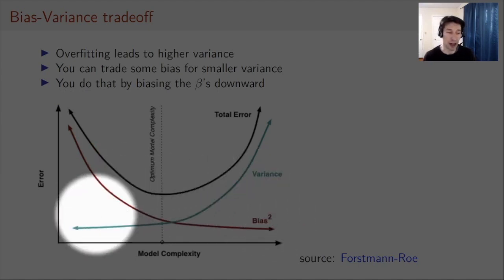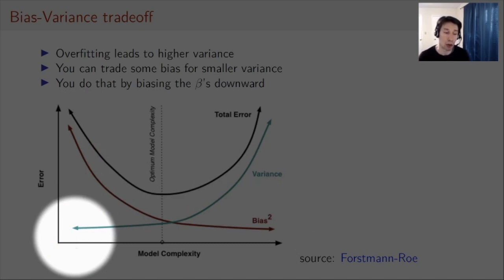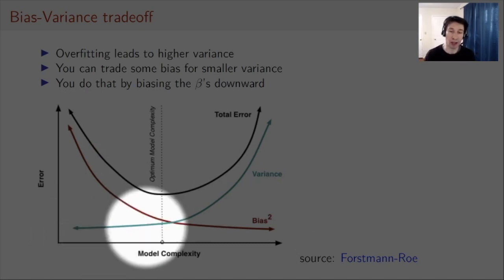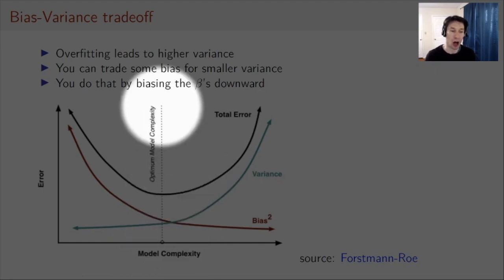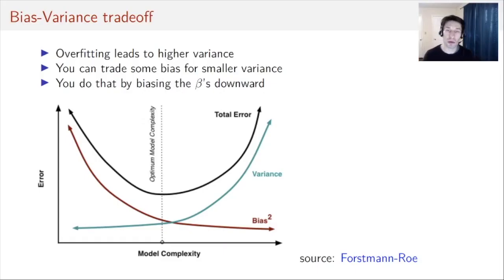But on the other hand, the variance is very low with a simple model and very high with a complex model. And so the optimal model is somewhere here. So the underlying principle of everything we're going to do today is that you can trade a little bit of bias for a smaller variance, and that will help you get better estimates or better predictions.